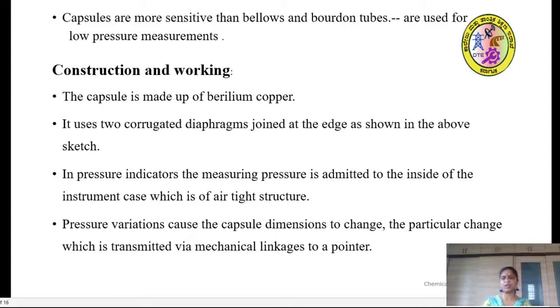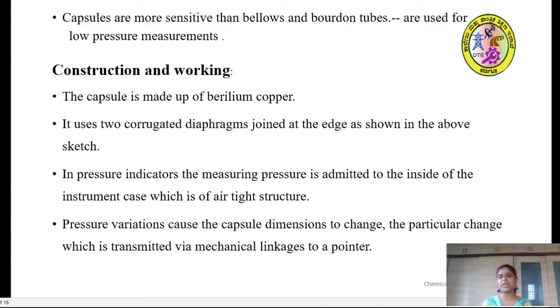The measuring pressure, as I've already told, is admitted inside the instrument case, which is of airtight structure. The pressure variation will cause the capsule dimension to change. As the diaphragm is of flexible material, the two diaphragms welded together to form a capsule change shape when pressure is admitted into the capsule.